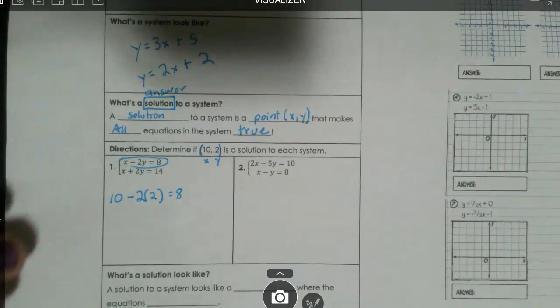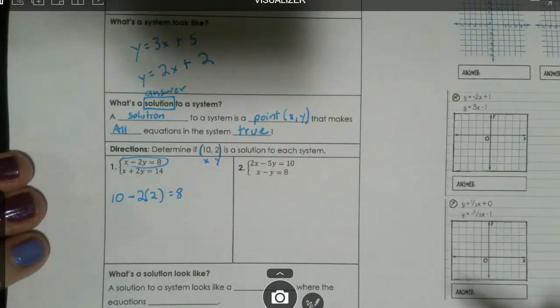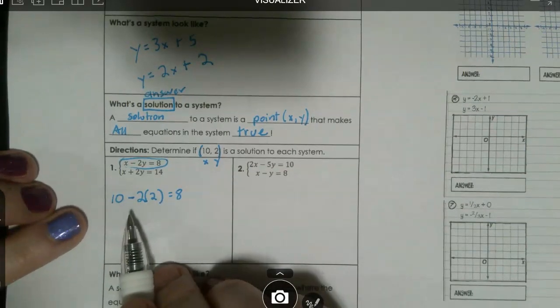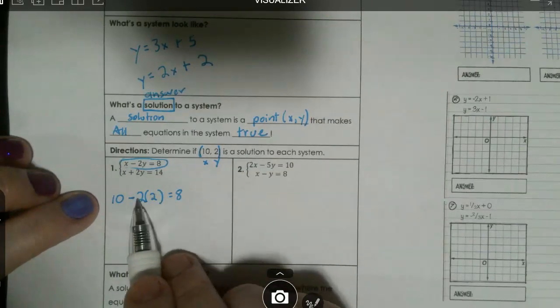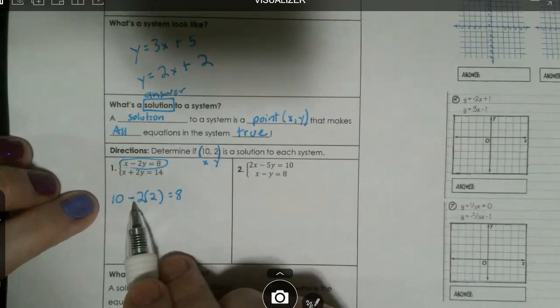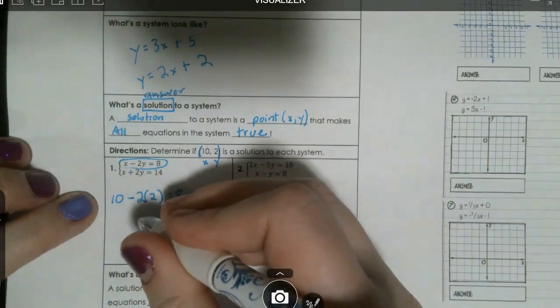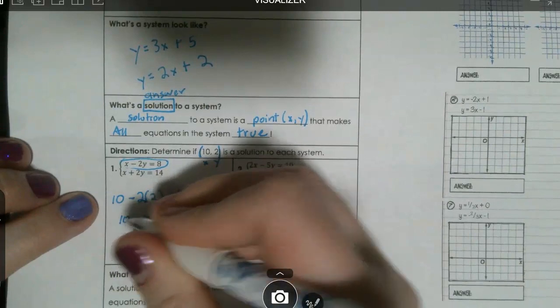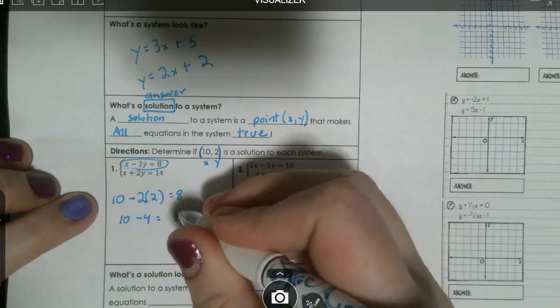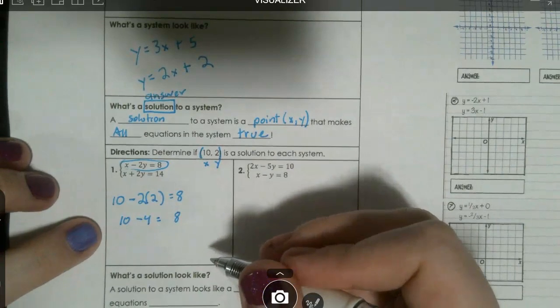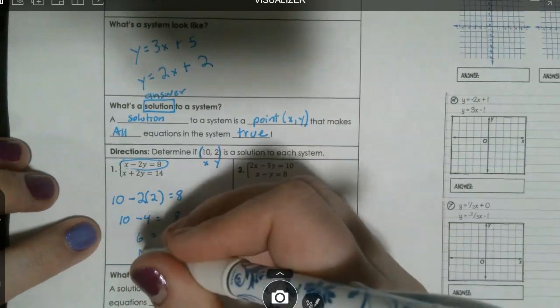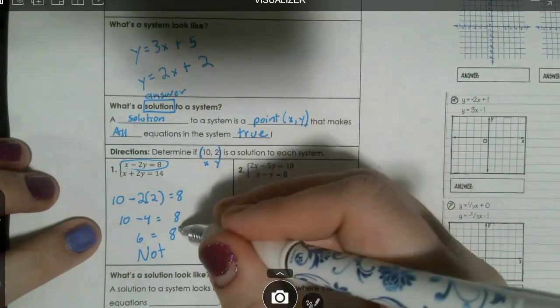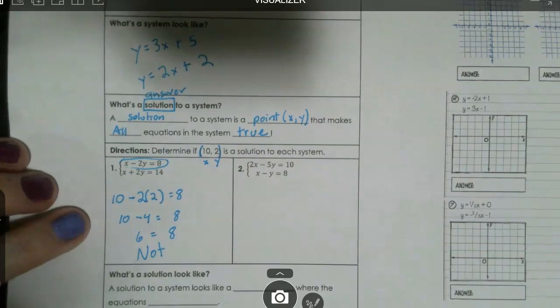I'm going to check and see if this is a true statement by solving it. Order of operations says I should solve this multiplication problem first. Negative 2 times 2 is negative 4. 10 minus 4 equals 8. Is that true? That is not true.